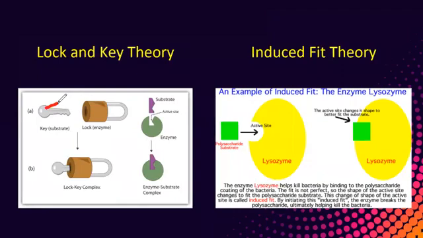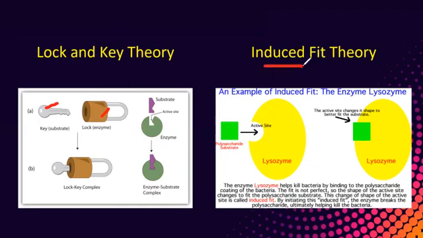Our key serves as the substrate and our lock serves as the enzyme. So it is very specific, right? If you're going to use a different key that is not specific for the lock, of course, it will not work. Okay? So it is a very simple type of mechanism or action of our enzyme.